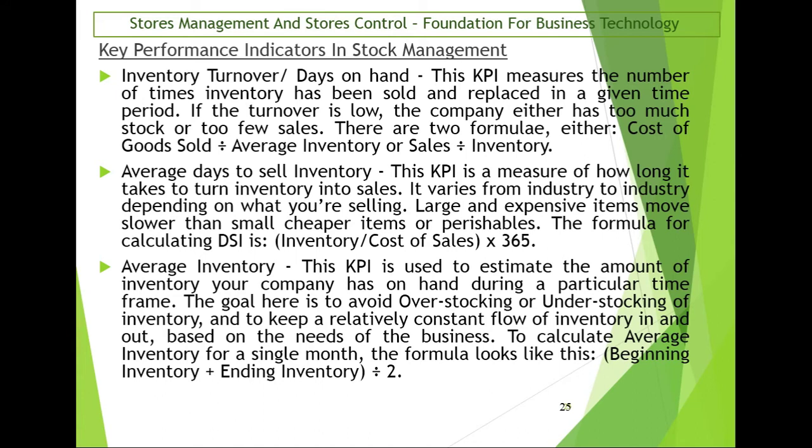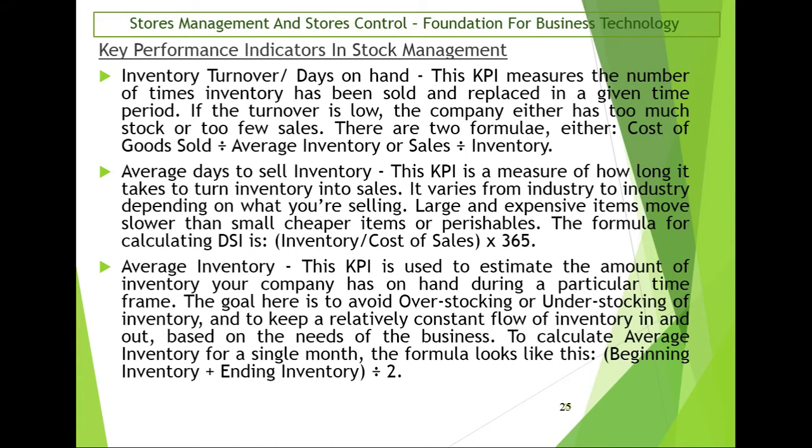So this KPI varies from one industry to the next, depending on what you are selling. The large and expensive items, they move slower than the cheaper and smaller items or perishables.